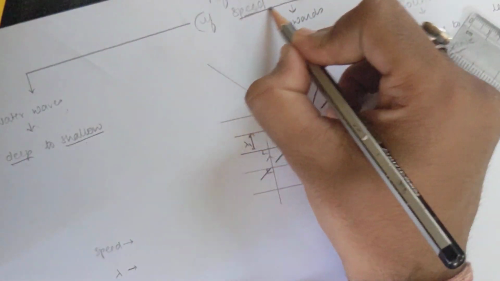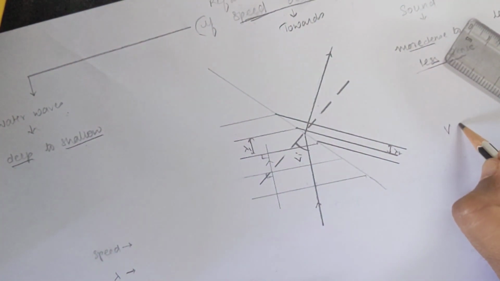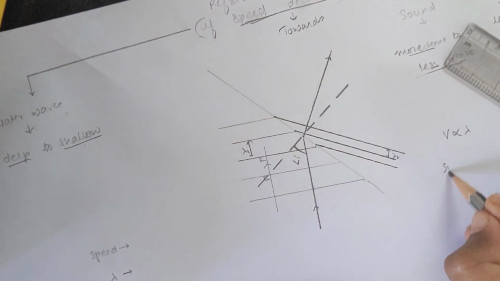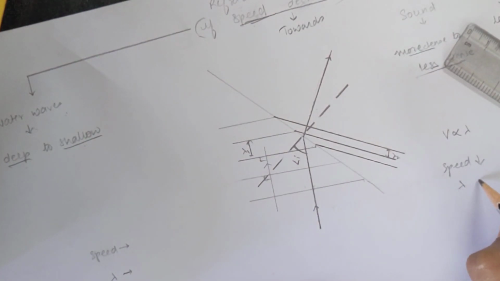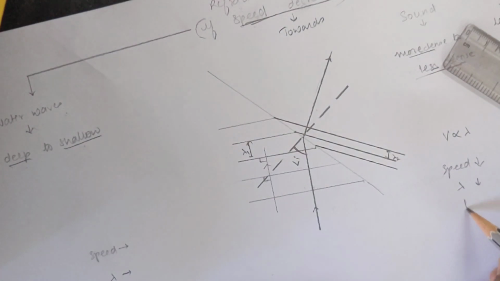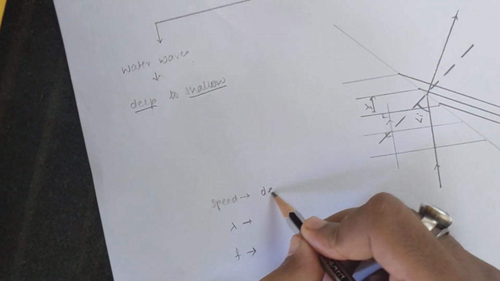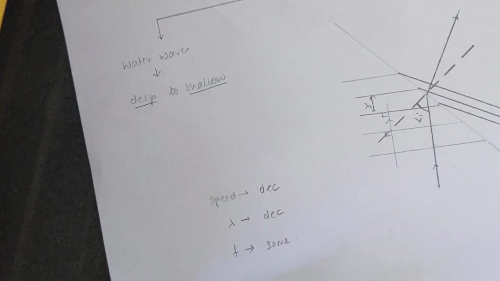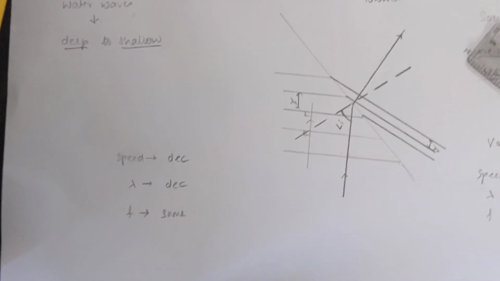Why is this? Because your speed decreases. You know v is proportional to lambda. In this case, your speed is decreasing, which means your wavelength will decrease, which is very evident from the diagram, and your frequency remains the same. So if I just fill this up, my speed decreases, wavelength decreases, frequency remains the same or unchanged.